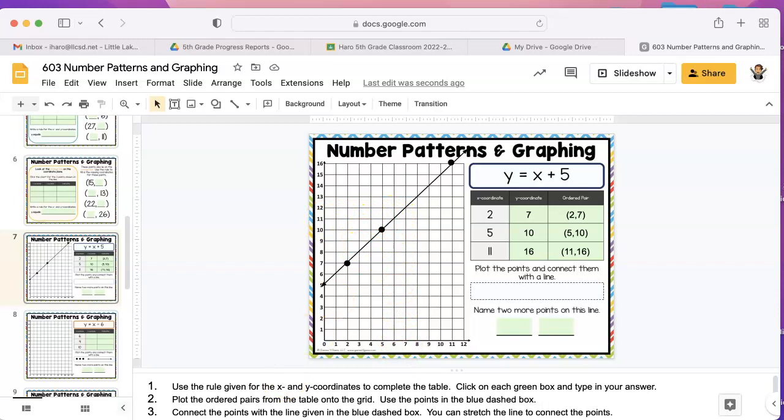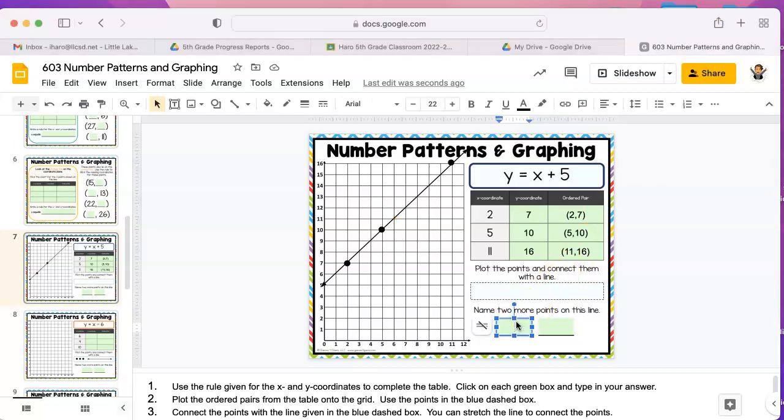So I stopped right here. 6 and 11. Okay. So I'm going to go ahead and type in inside parentheses 6, comma 11.